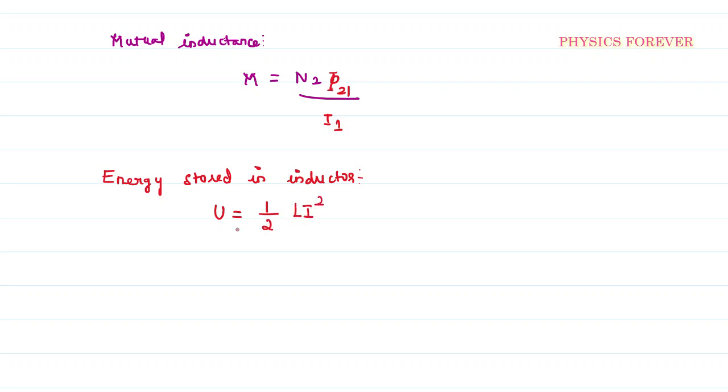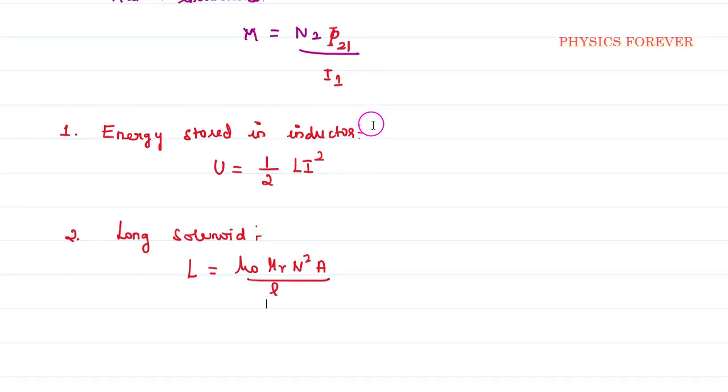Then the second one, the long solenoid, which is the most important: L is equal to mu naught mu r n square A by l.